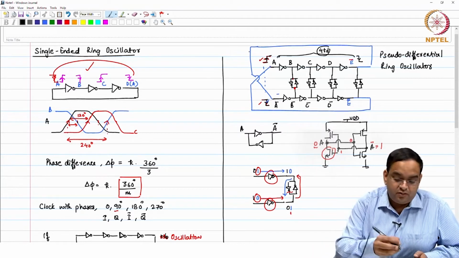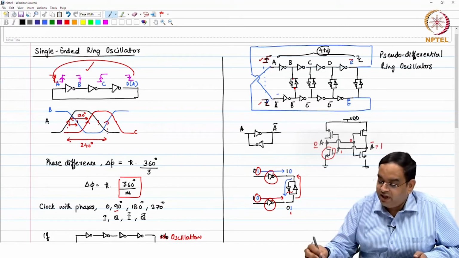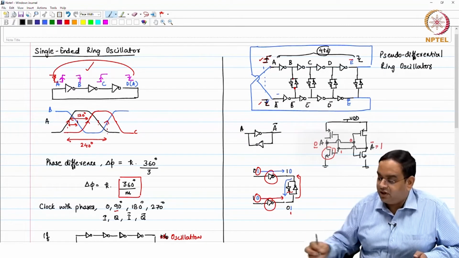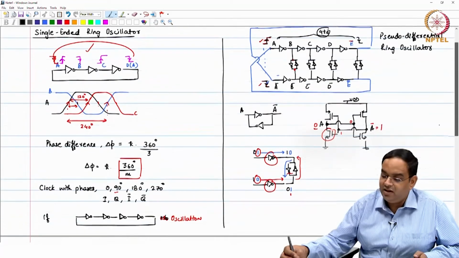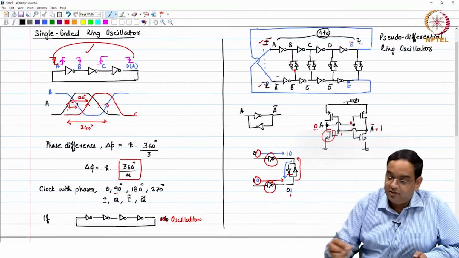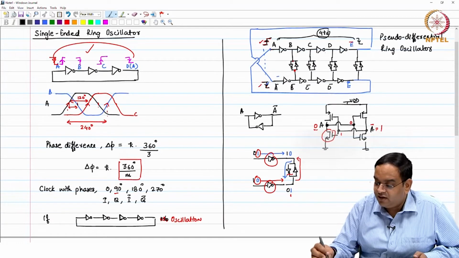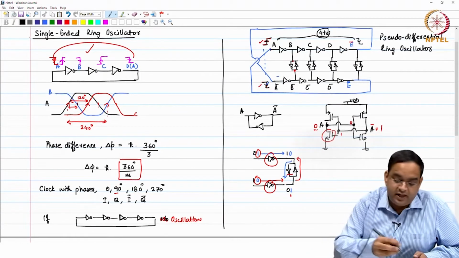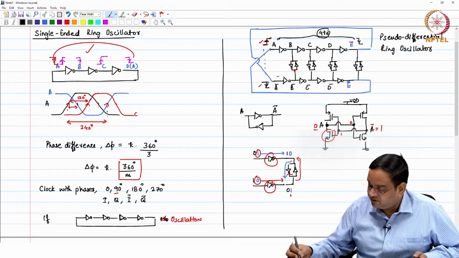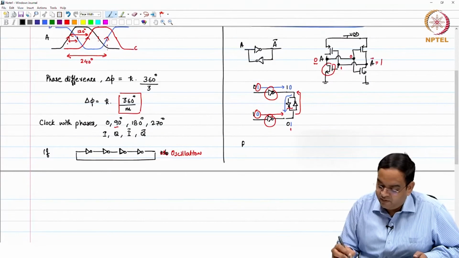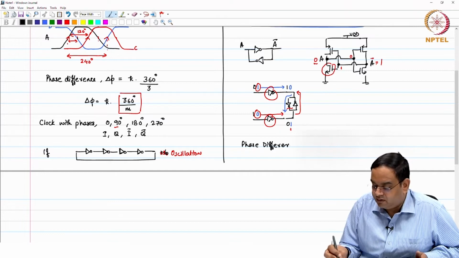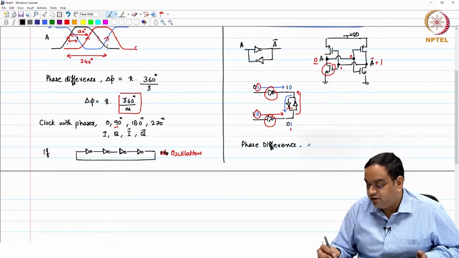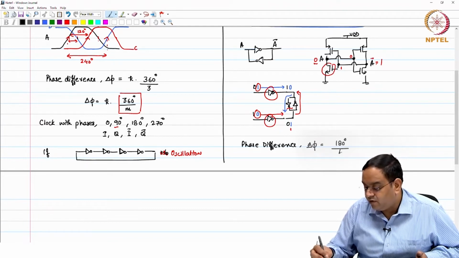So, when you have this 180-degree phase for a delay of Td, the phase difference between these 4 inverters with nodes A, B, C and D in the above ring oscillator is delta phi, equal to 180 degree divided by 4, which is 45 degree.